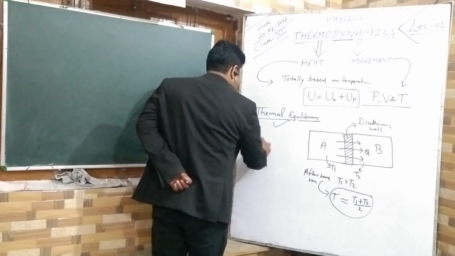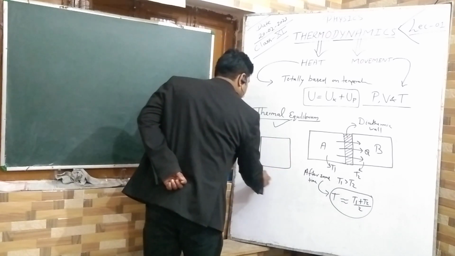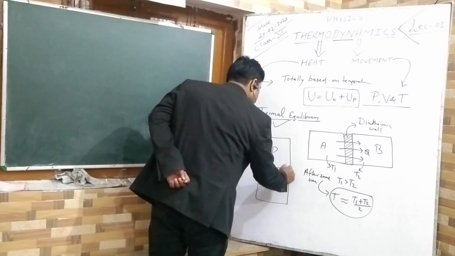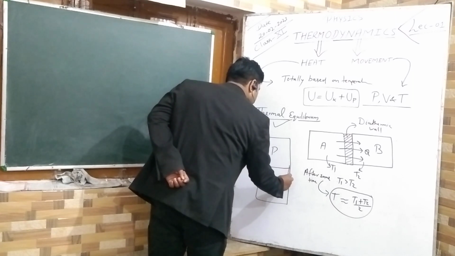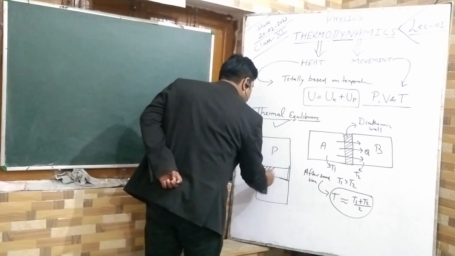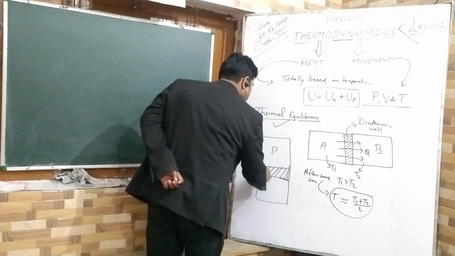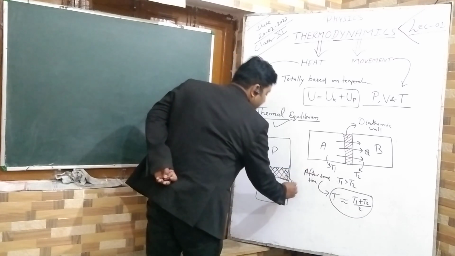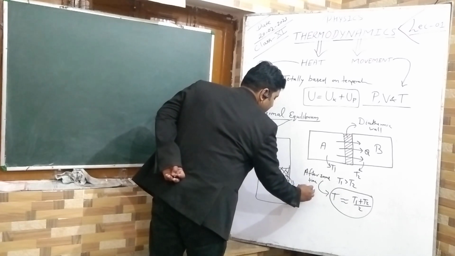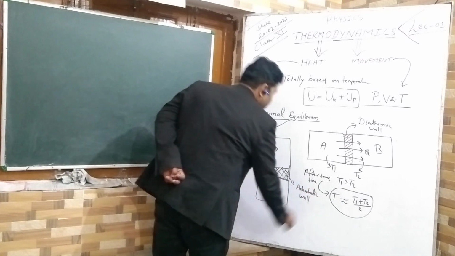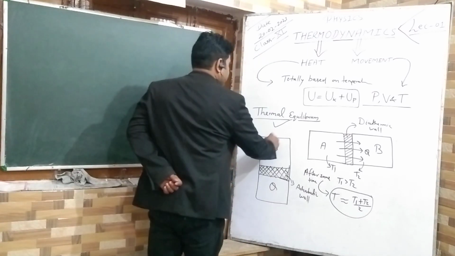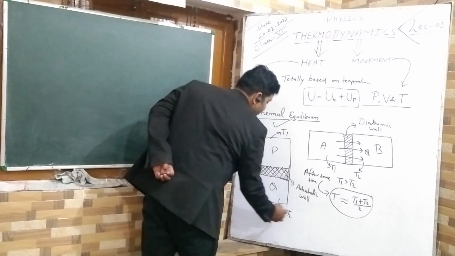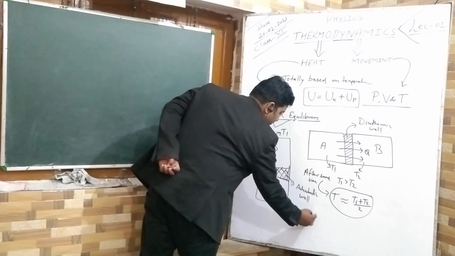Suppose two bodies P and Q, no matter, you can assume any, are separated by an adiabatic valve, not a diathermic one. One has temperature T1 and the other has temperature T2, where T1 is less than T2.